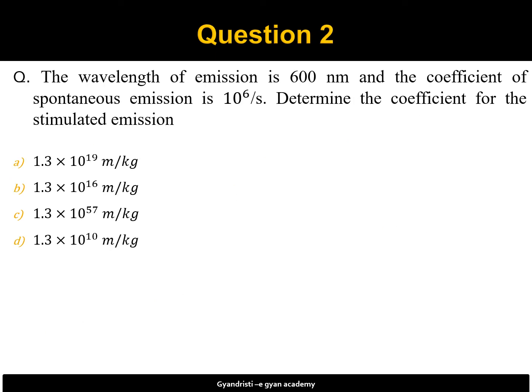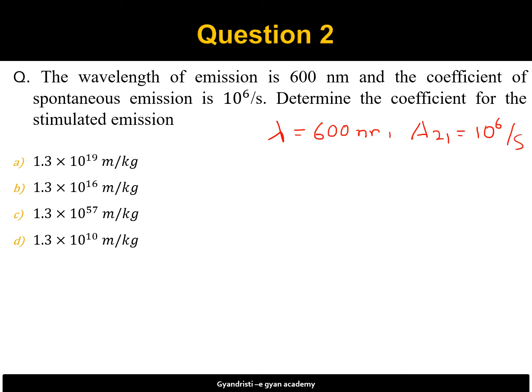Question number 2 asks: the wavelength of emission is 600 nanometer, the coefficient of spontaneous emission is 10 to power 6 per second, determine the coefficient for the stimulated emission. So it is given that lambda is 600 nanometer and the coefficient of spontaneous emission is 10 to power 6 per second.